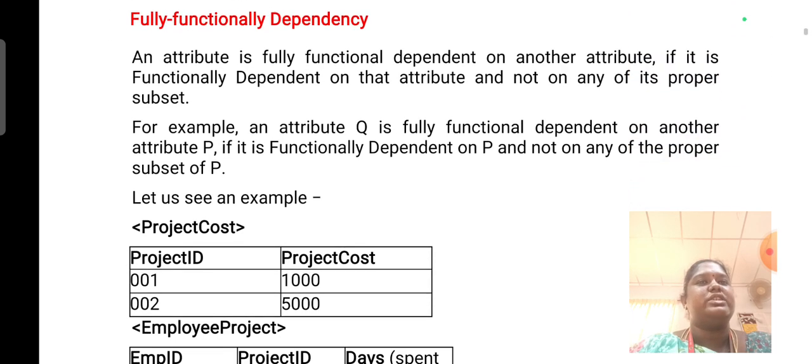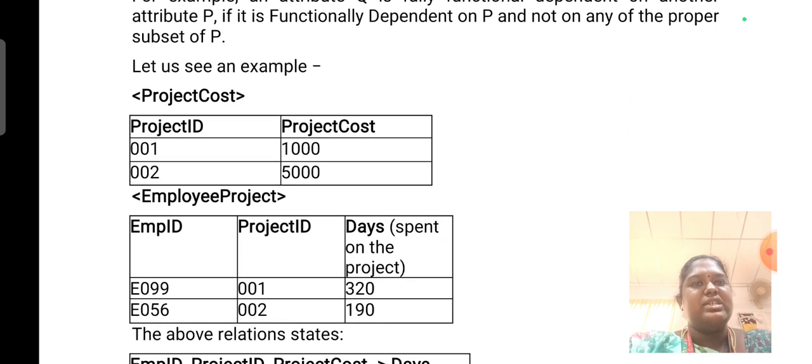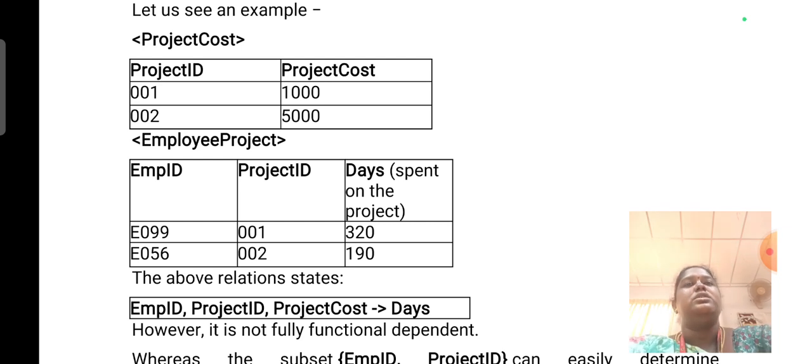And then a fully functional dependency means an attribute is fully functionally dependent on another attribute if it is functionally determined by that attribute and not by any of its proper subset. For example, an attribute Q is fully functionally dependent on another attribute P if it is functionally dependent on P and not on any proper subset of P. Let's see an example, employee project cost.